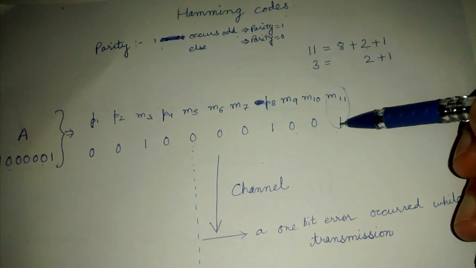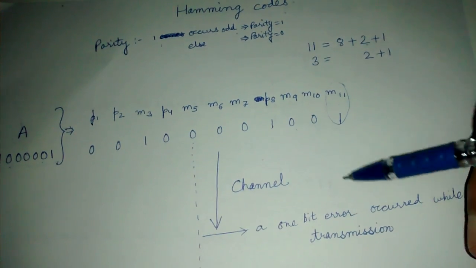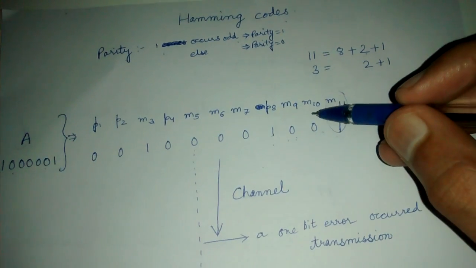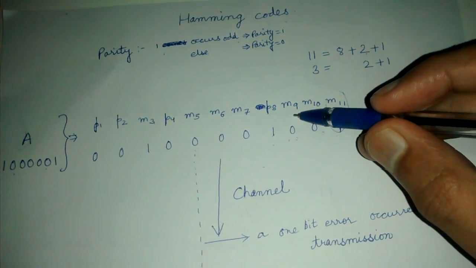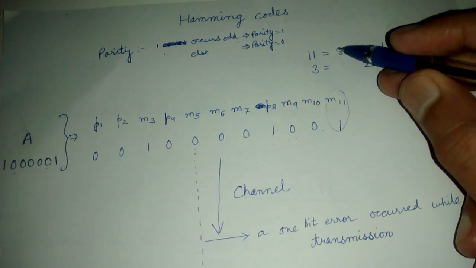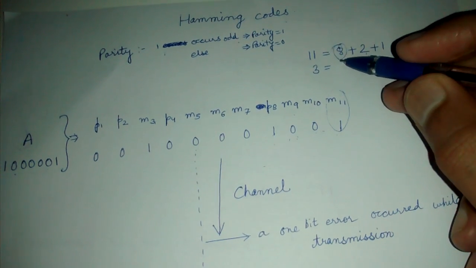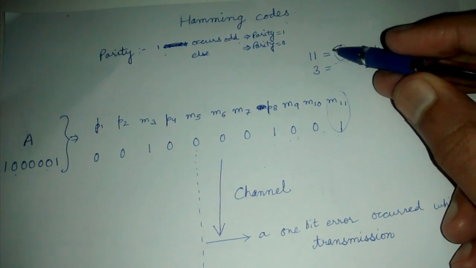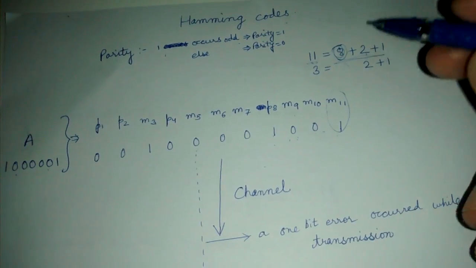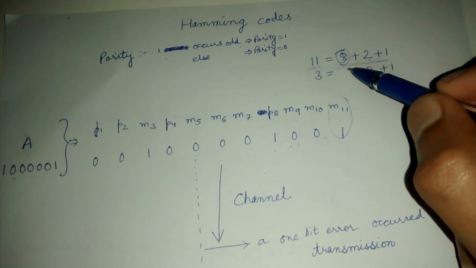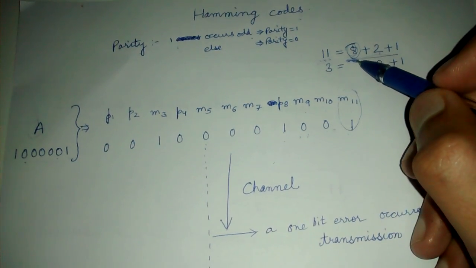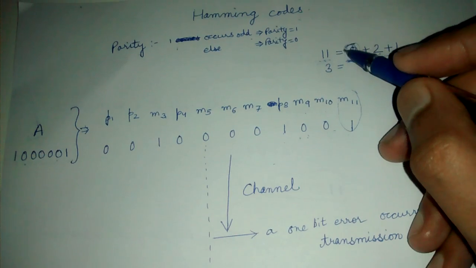So the 11th will contribute to the 8th parity, right? 10th and 9th will also contribute to the 8th parity because 10 is equal to 8 plus 2 and 9 is equal to 8 plus 1. So if the number occurs when we represent the bit position as a sum of powers of 2, that means it will be affecting the parity bit at position 8.